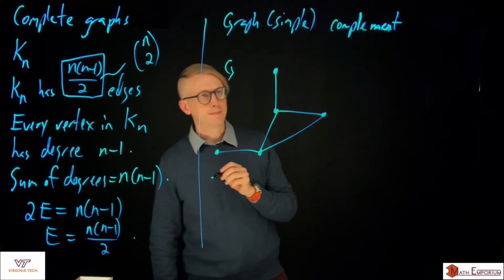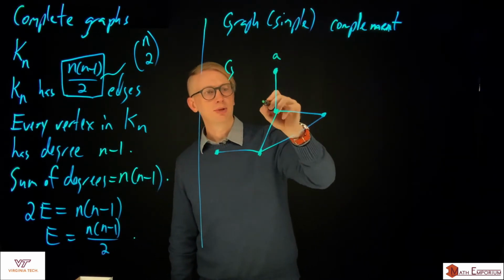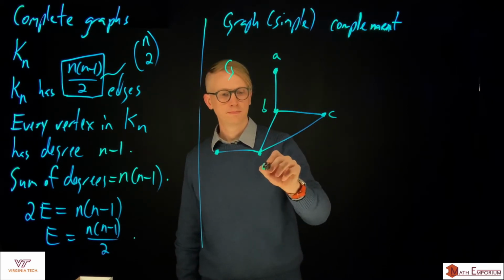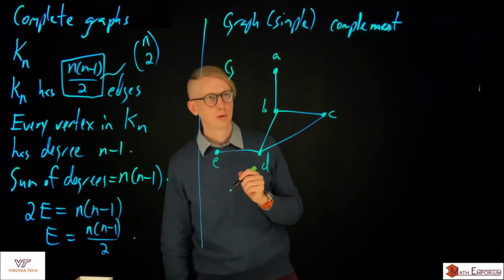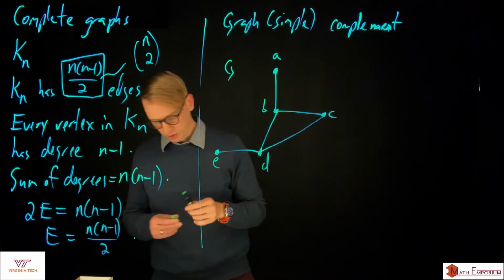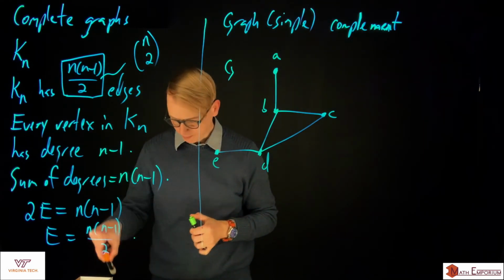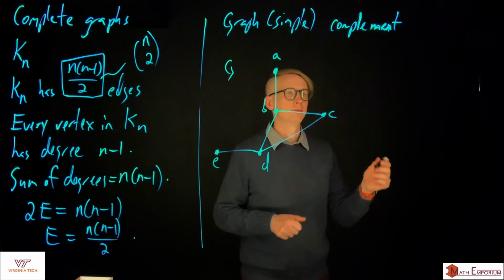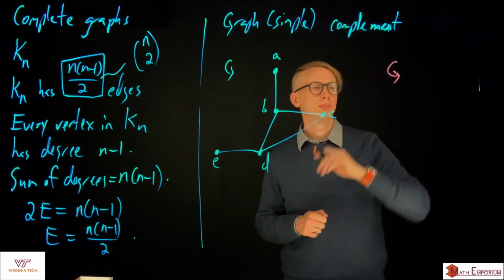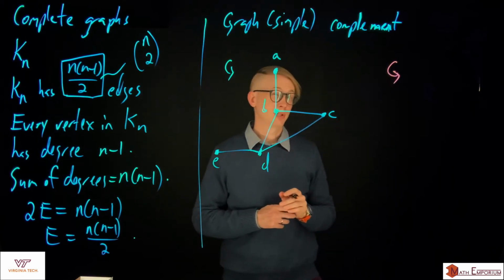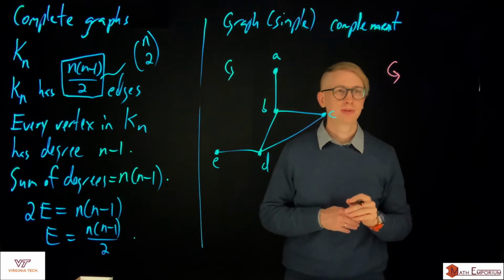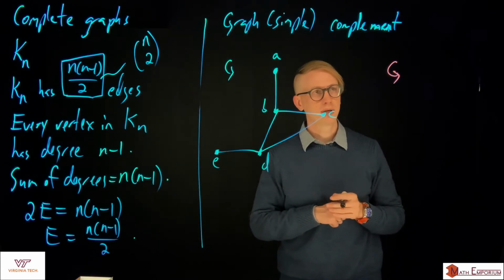Just for discussion purposes, I'm going to label my vertices. And then I want to show you how to find its complement. I always find complements on the original graph. There are tons of notations for graph complements. Fortunately, that's the way it is.